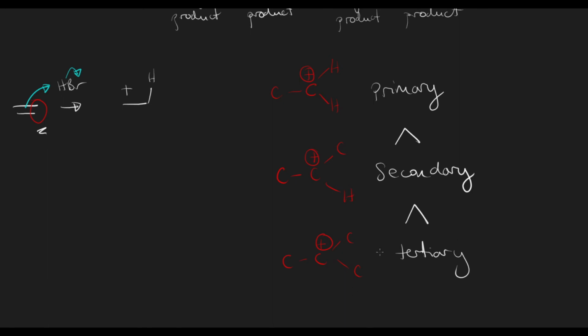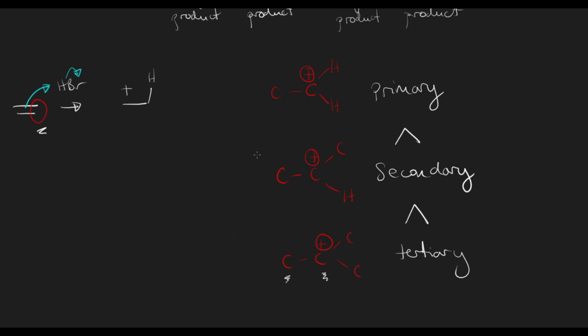So because this carbocation is more stable, you get more of a product where the carbocation is on this carbon atom than on the other carbon atom, because the one on the left here is primary and the one on the right is tertiary. And carbocations prefer to be tertiary than primary, prefer to be tertiary than secondary, and secondary carbocations are preferred over primary carbocations.